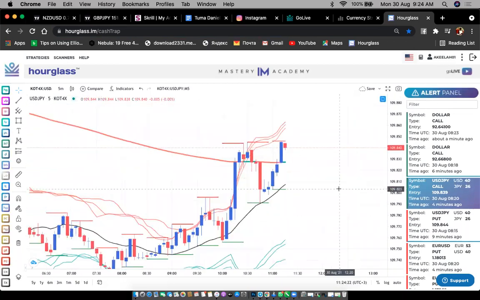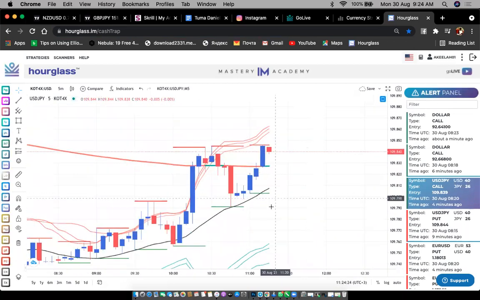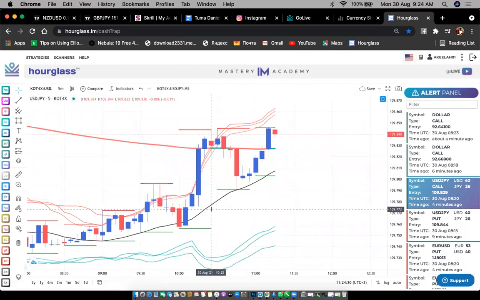So now that we have established the fact that the price is going up, this is a particular place I want to enter the trades. On this Cashtrap, we have everything set up. We have these green lines and these red lines as our structures.